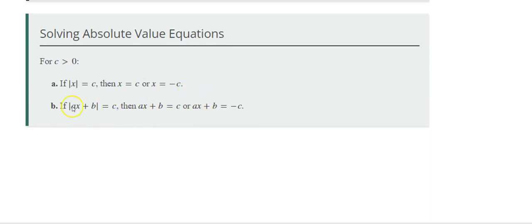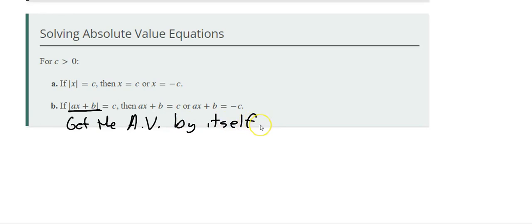The next one here, this is just something you're going to have to get. You want to get the equation to this before you start trying to solve it. Basically you want to get rid of everything outside of the absolute value before you start trying to change it to this. So get the absolute value by itself.